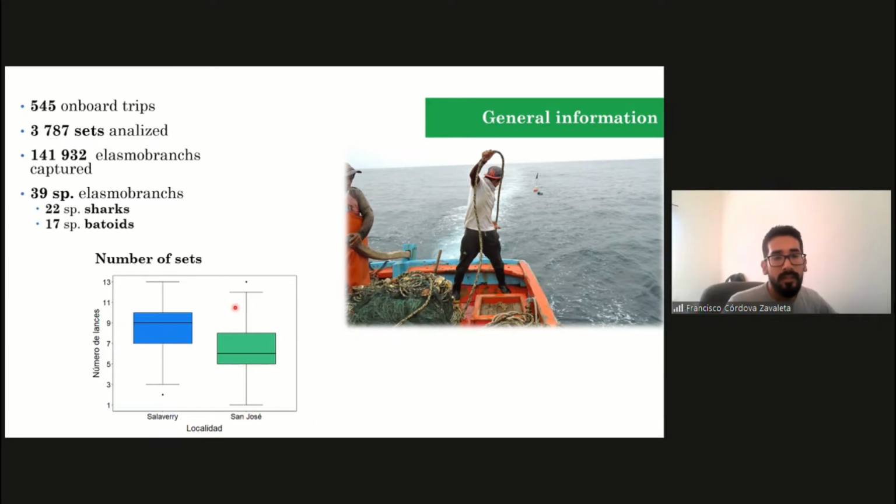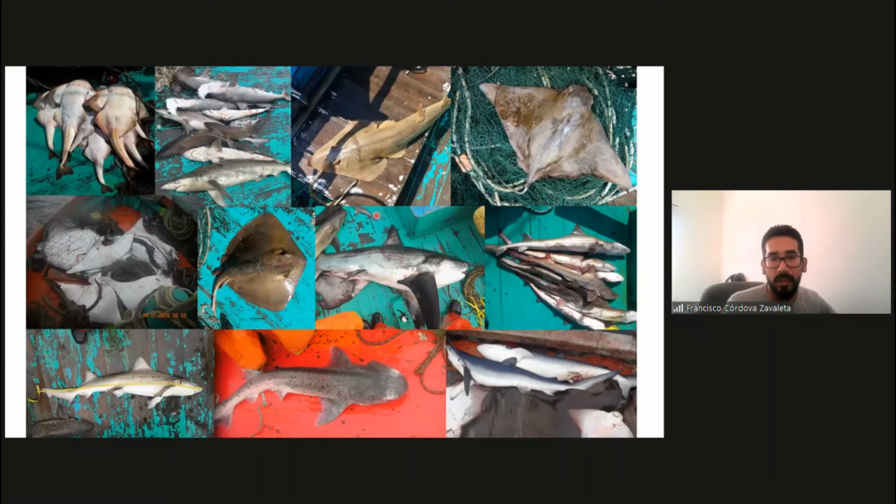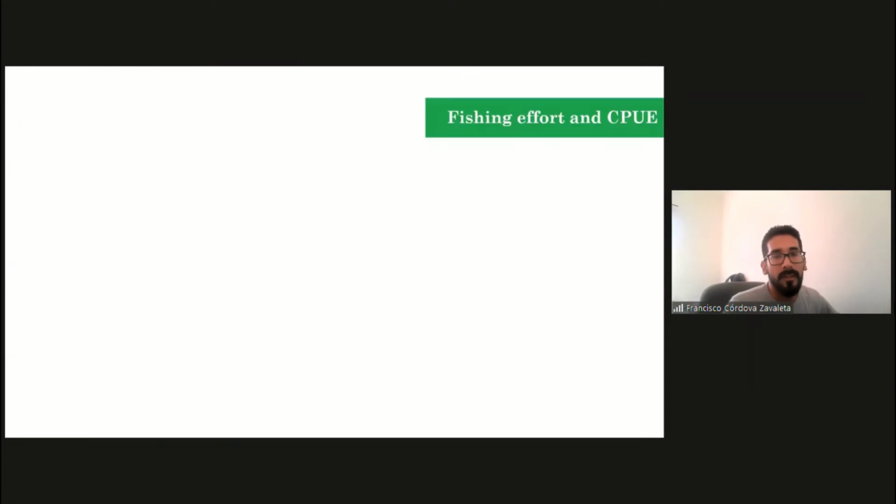And in the case of number of sets, Salaberry made more sets per trip than San Jose. Here's a picture of some of the captures we recorded. We can see mobulids, some trash, Mustelus, blue sharks, eagle rays, guitarfish, angel sharks. There are plenty of species here.